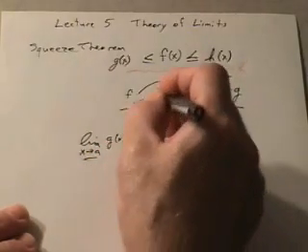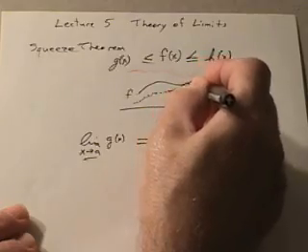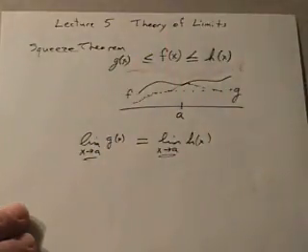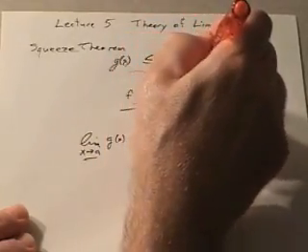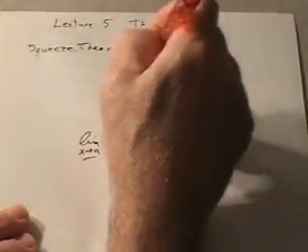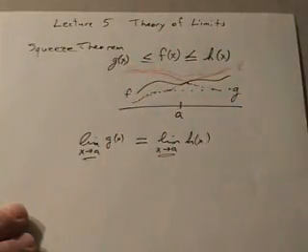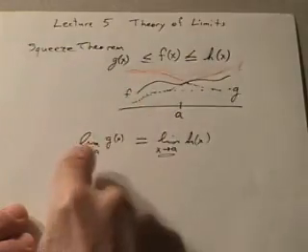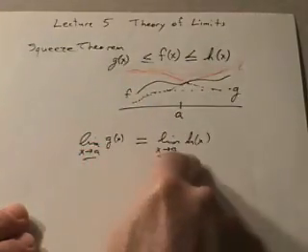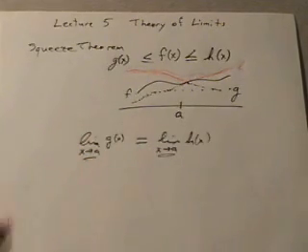So the picture is not right. This function g has to come in here like this, and the function h, which is on top, has to come into the same limit and still stay bigger than f. So the function h is up here on top, and it's bigger than f. The function g is down here, and it's smaller than f. F is trapped between them, but the outer two functions have the same limit as x gets close to a. So what's the punchline?